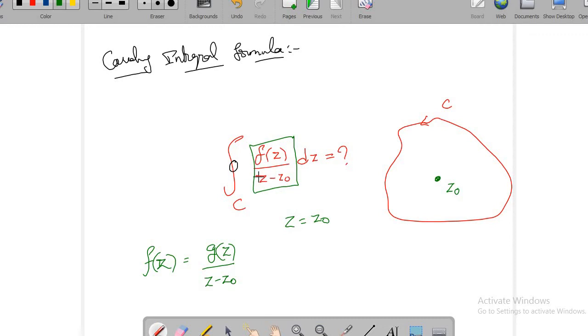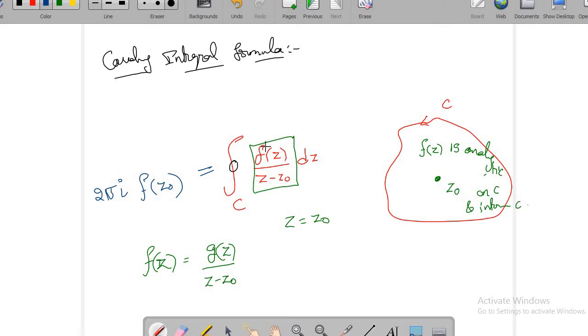And we know one more piece of information: this function f of z is analytic on C and interior to C. Now the Cauchy integral formula says the value of this integral will be 2 pi I into f of z0.